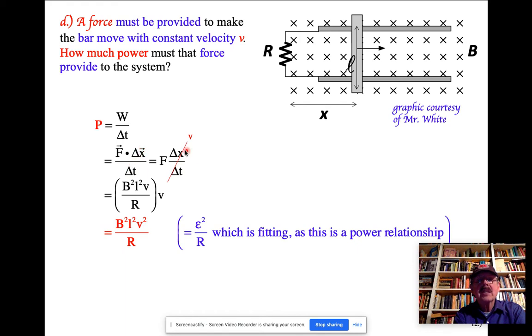Delta X over delta T is just V. The force you've already figured out. And so you finally end up with B squared L squared V squared over R, which interestingly enough equals the EMF squared over R. Okay. V squared over R is one of the power relationships that you have.